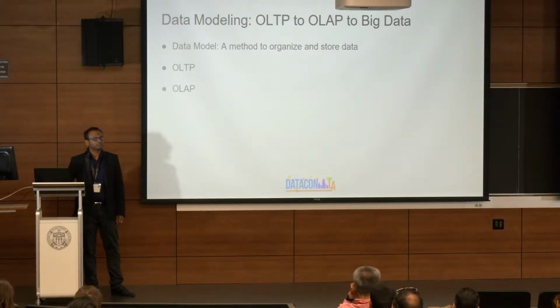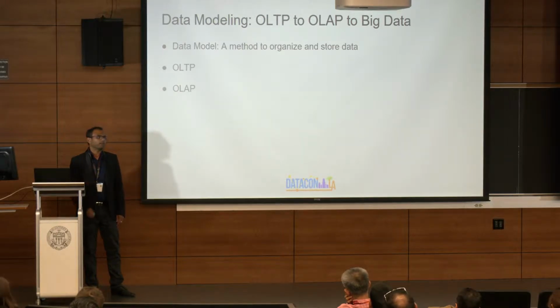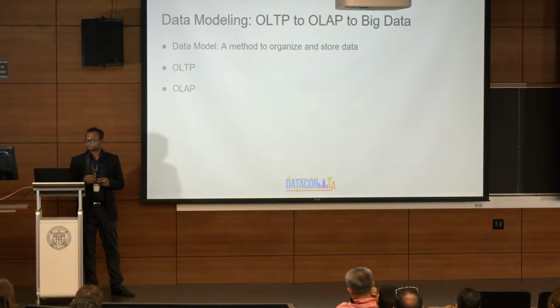The second application type is OLAP, Online Analytical Processing. The main purpose of OLAP applications is to analyze large amounts of data, and for that, we use different kinds of techniques to store data. Dimensional modeling is one of the popular methods. That's how we model data for this kind of application.